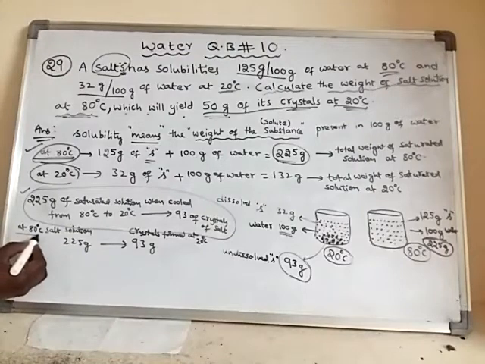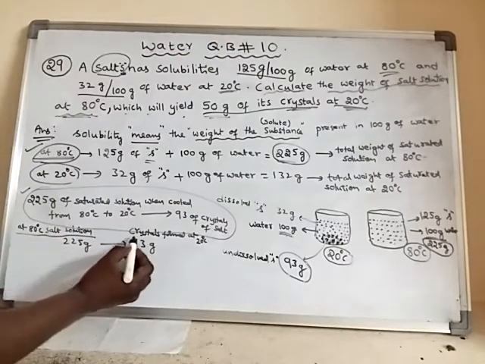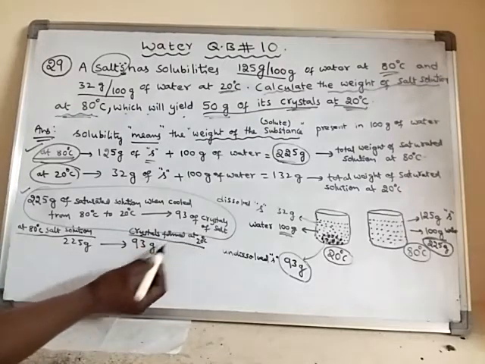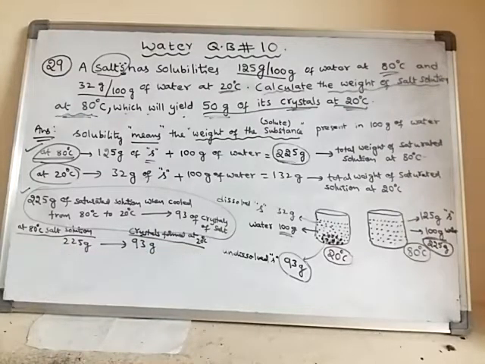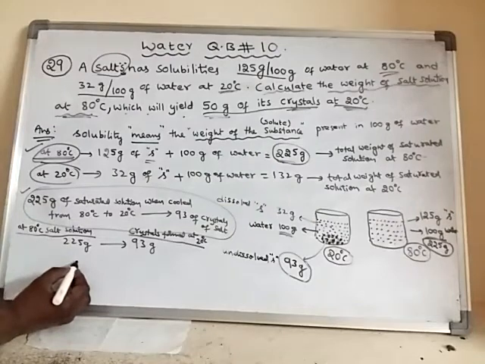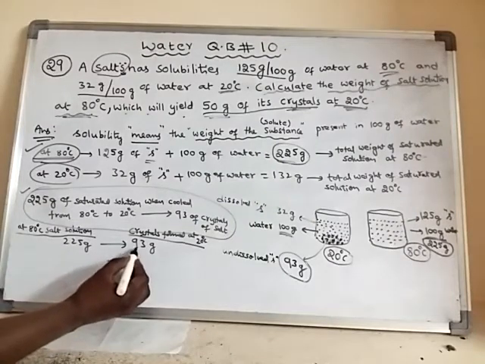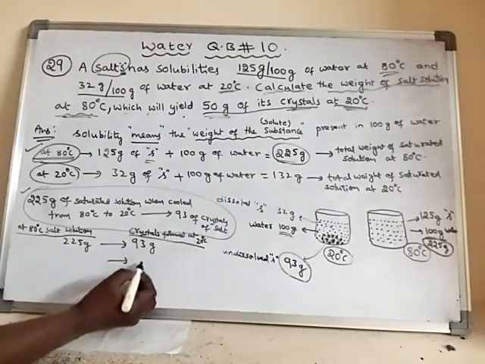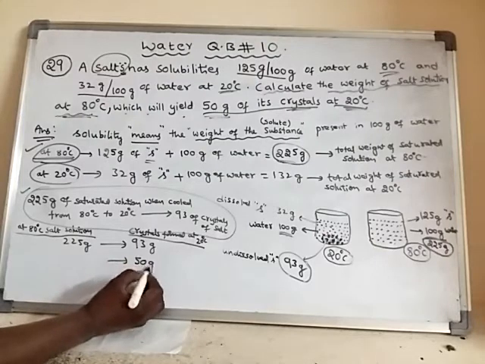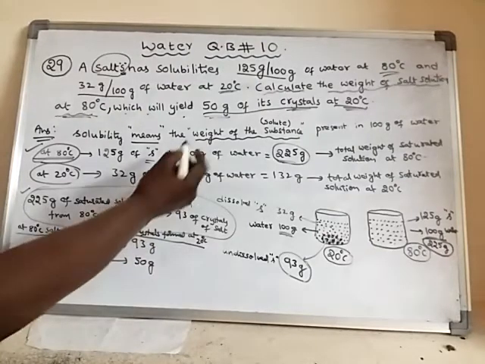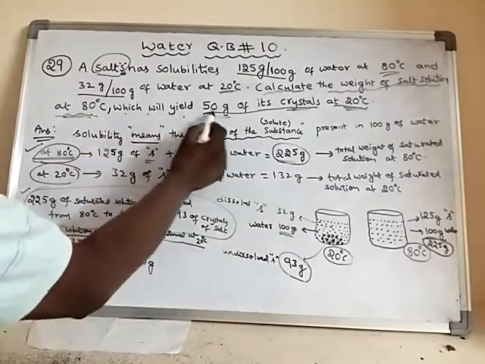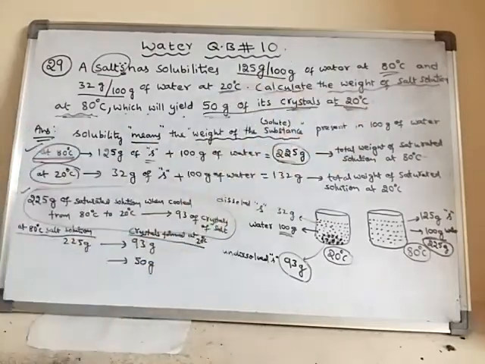So at 80 degrees centigrade salt solution, if it is 225 grams, then crystals formed at 20 degrees centigrade is how much? 93 grams. Suppose crystals formed at 20 degrees centigrade is only 50 grams, so the question is, which will yield 50 grams of its crystals at 20 degrees centigrade?